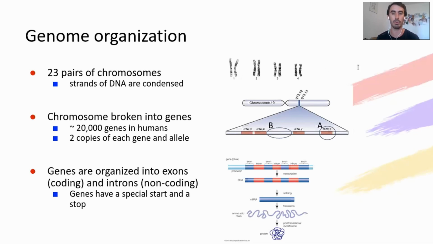Each chromosome is further broken into genes. There are about 20,000 in the human genome, and each of us has 2 copies of each gene, inherited one from one parent and the other from the other. Genes are important because they are sections of the DNA sequence that encode for information about proteins.